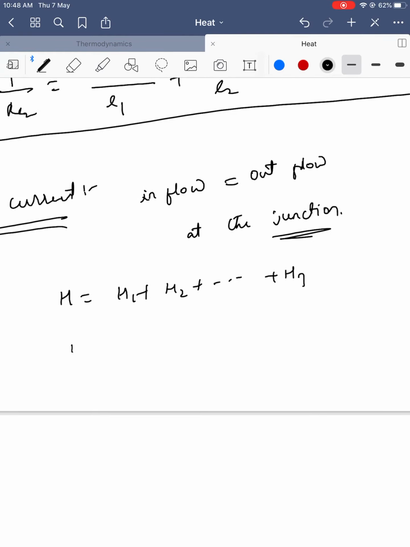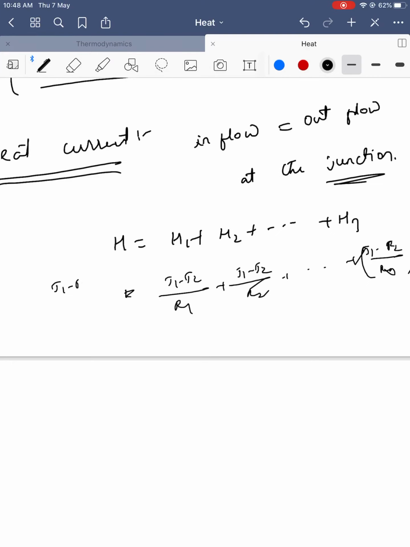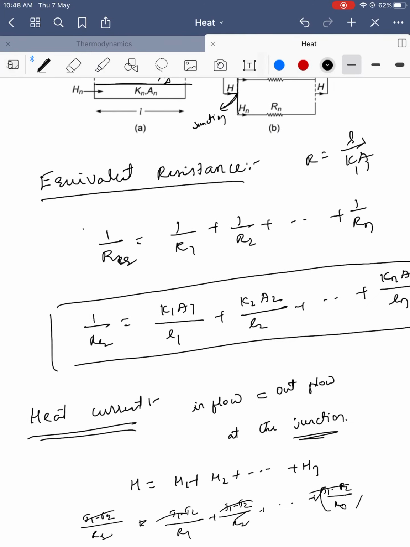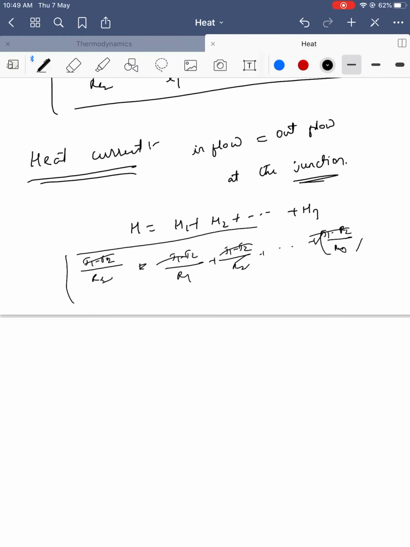So H is equal to T1 minus T2 by R1 plus T1 minus T2 by R2 plus and so on plus T1 minus T2 by Rn. It is equal to T1 minus T2 by R equivalent. So T1 minus T2 gets cancelled. So you will get the first expression: 1 by R equivalent is equal to 1 by R1 plus and so on. So that expression you will get from here.